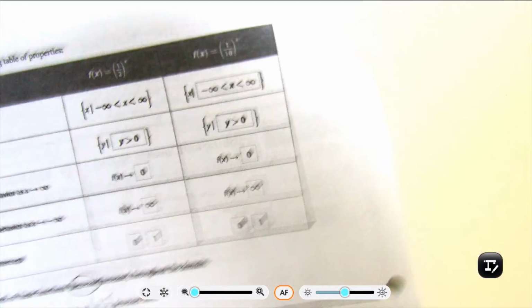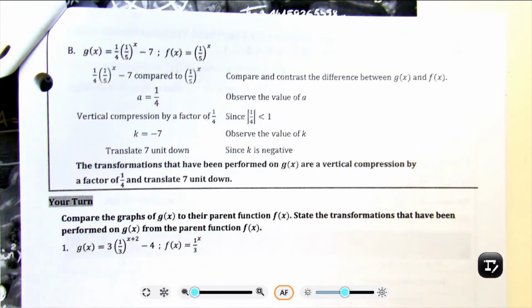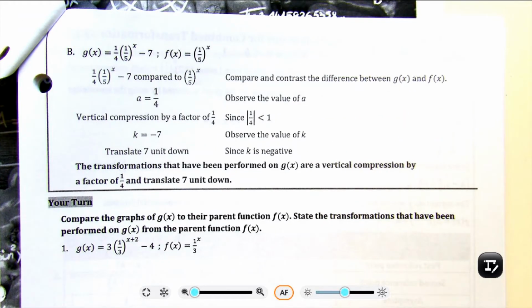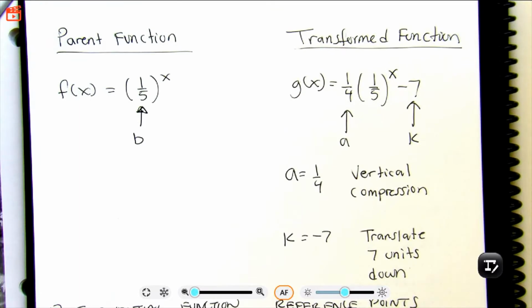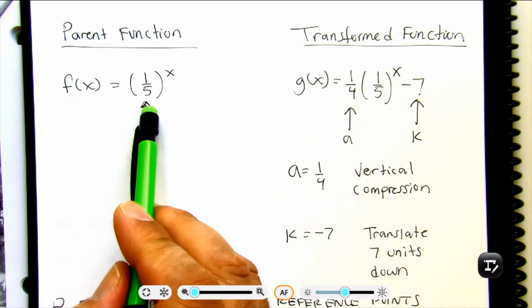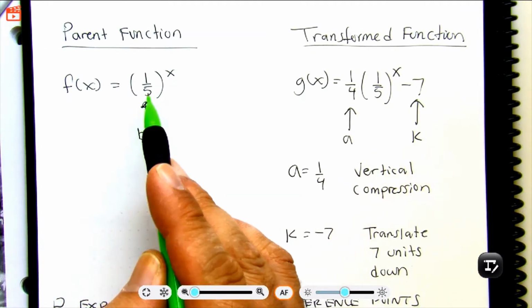Okay, so now let's look at one more example. In this example, the parent function is f of x is equal to 1/5 to the x power. And remember, this 1/5 in the parentheses is the base, so that's a b.